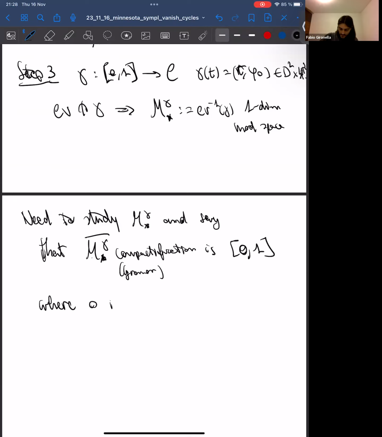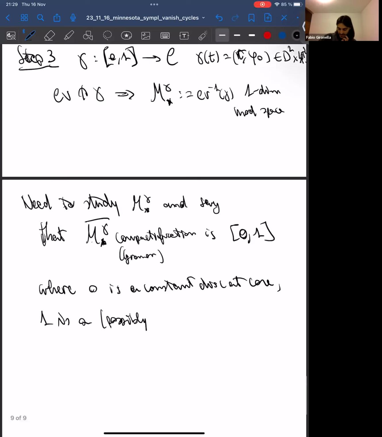Where 0 is a constant disk at the core, and 1 is a possibly degenerate, meaning nodal, disk with boundary on this Lagrangian L1, which is S1 times sigma.